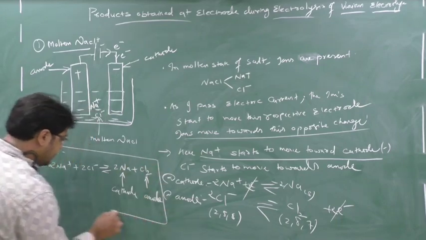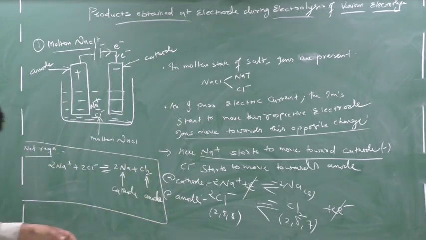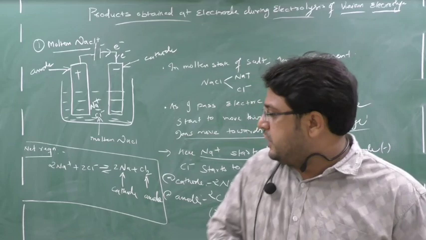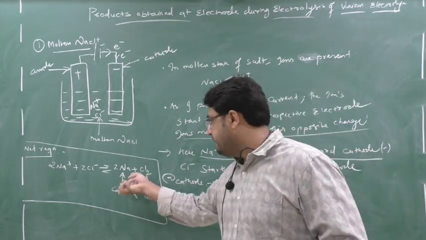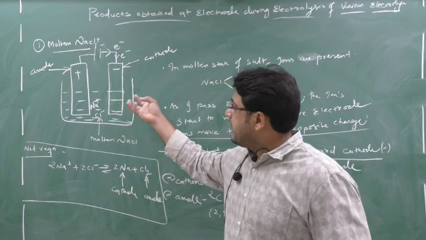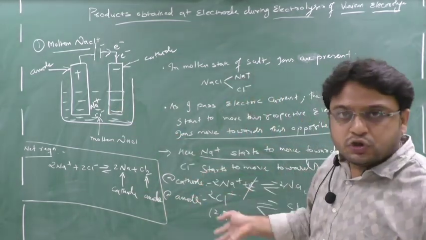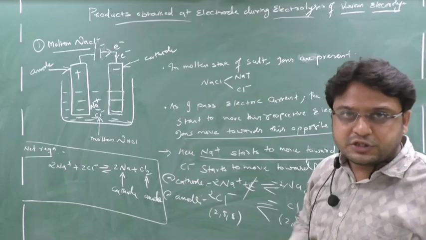Now see here, this process that we are doing. We have obtained the free metal, that is, we obtain the metal and the gas at the cathode and anode from the salt. So this process is known as the electrolysis process.